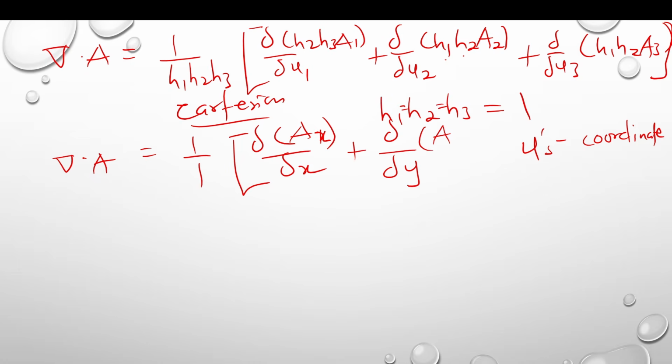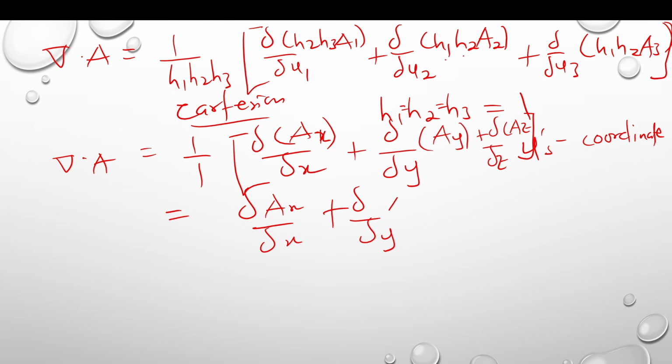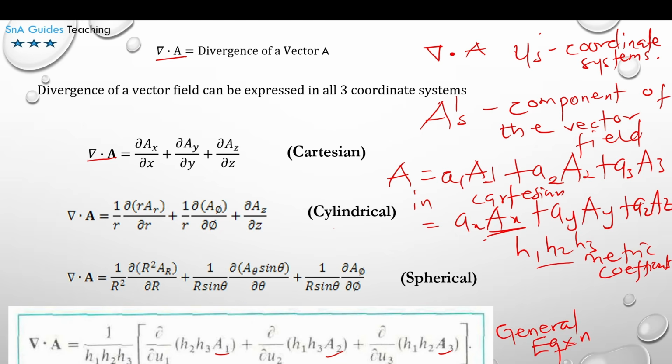Now, A2 in Cartesian is AY. So this is what you're going to get, just as they have here.